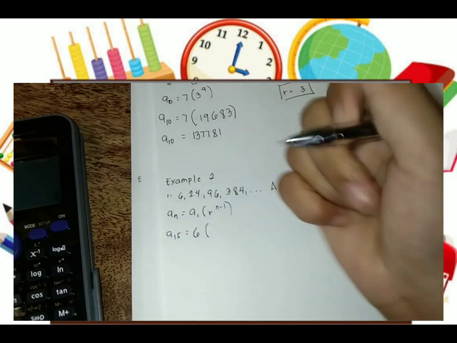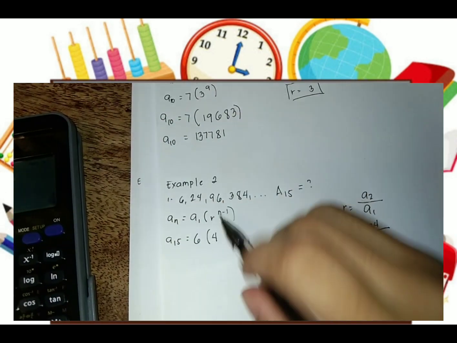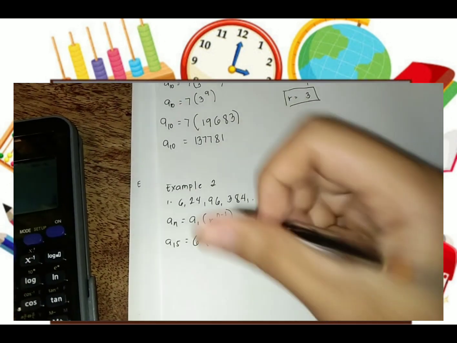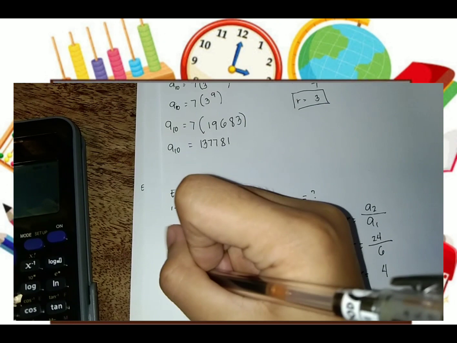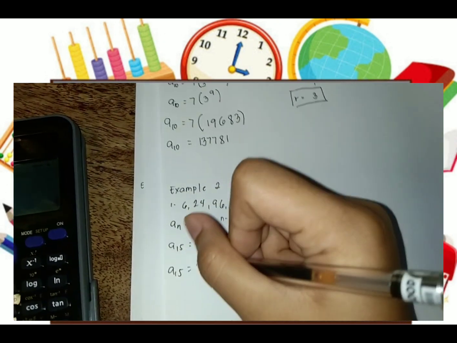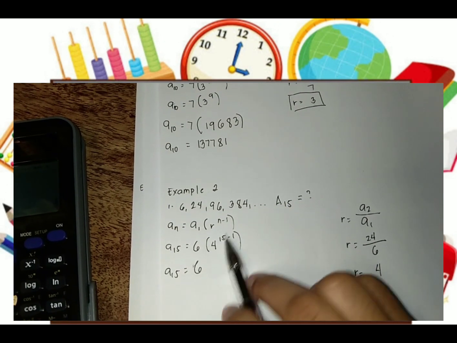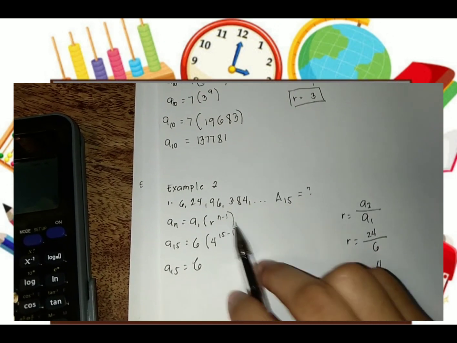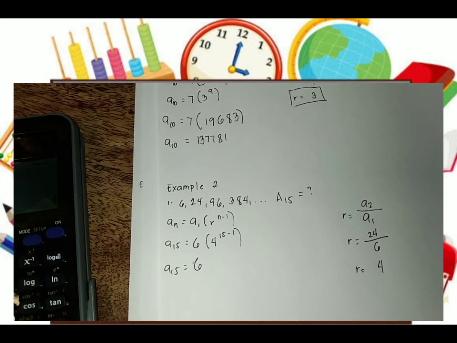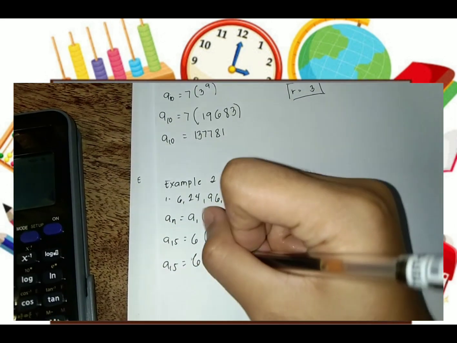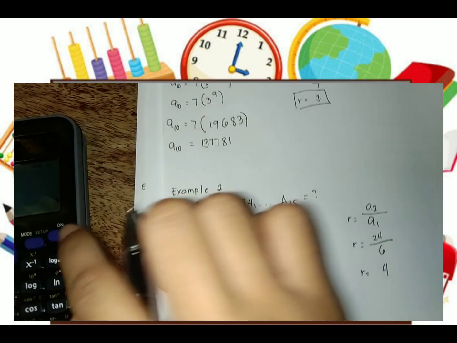Now our ratio is 4 raised to 15 minus 1. We will rewrite the 6 and subtract first before the other step. So 15 minus 1 is 14.